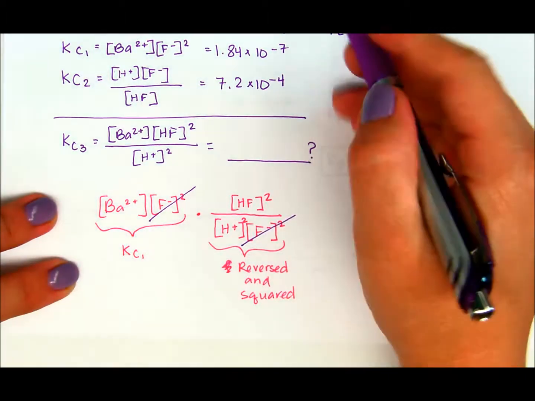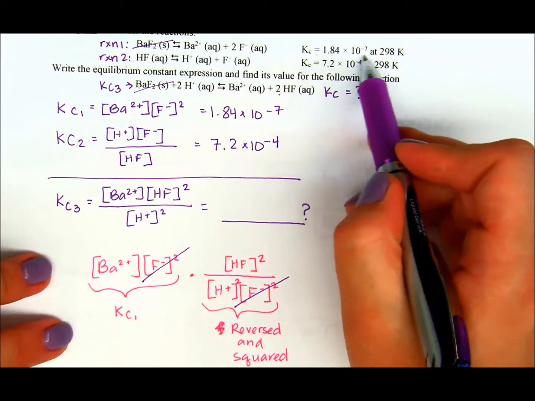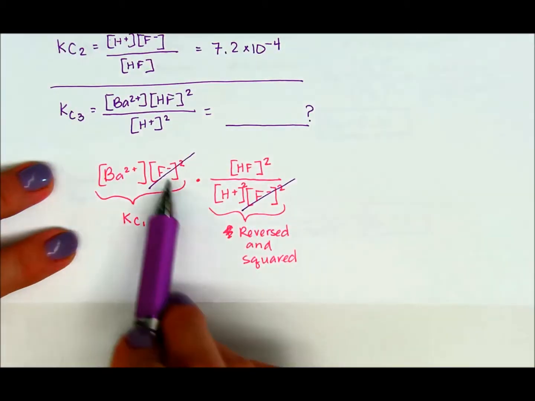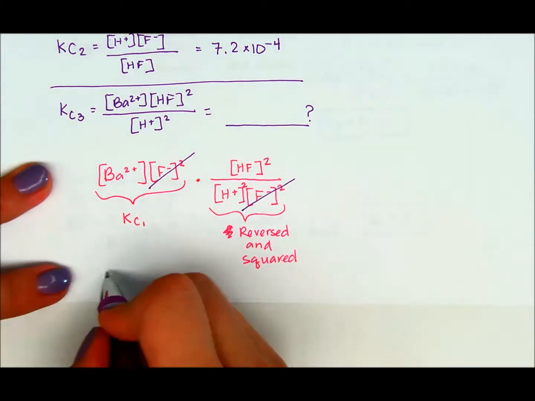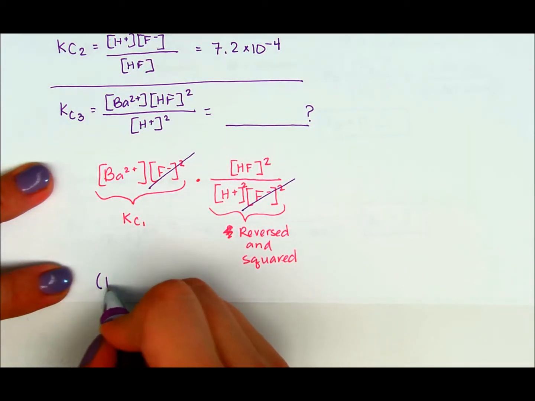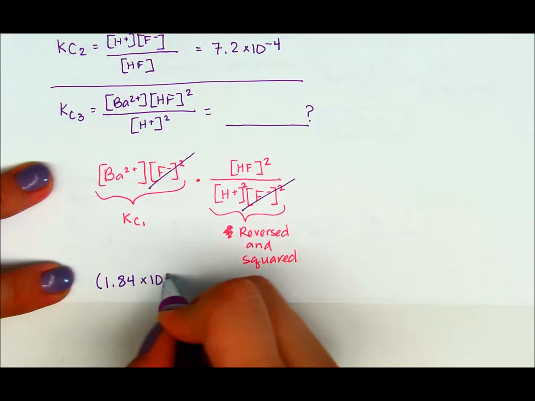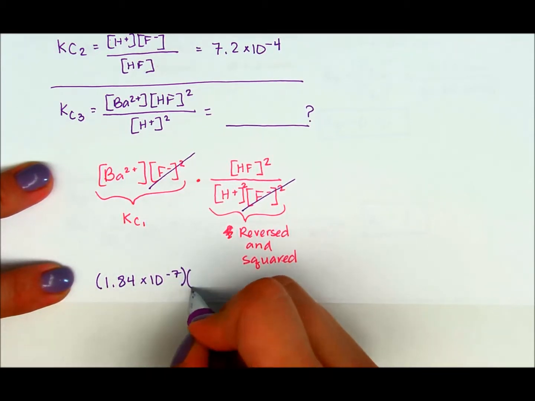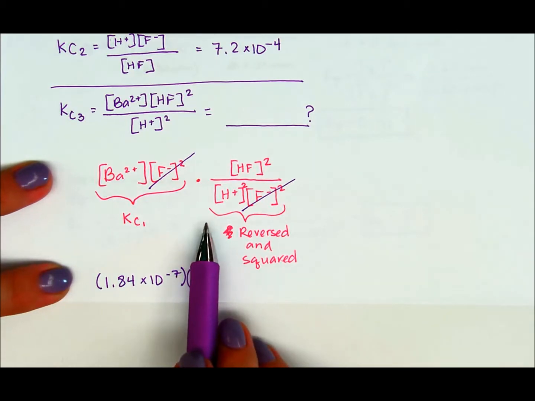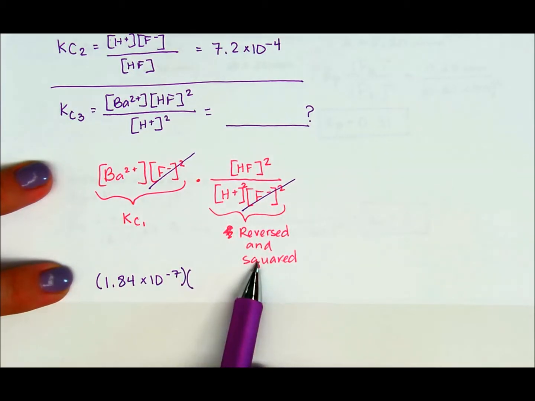So I'm just going to rewrite it. My Kc was equal to 1.84 times 10 to the negative 7. So just like I multiplied these, I'm also going to multiply my Kcs. So 1.84 times 10 to the negative 7 times whatever I did here to my Kc for this second reaction.